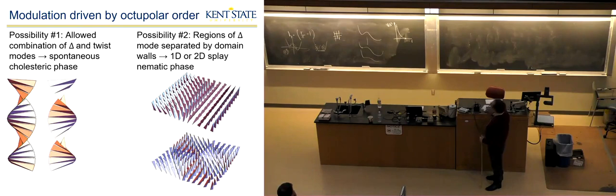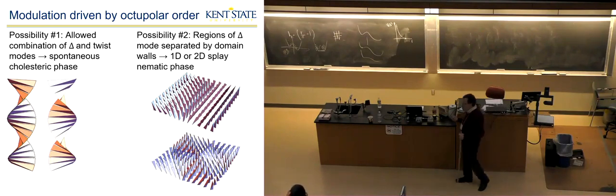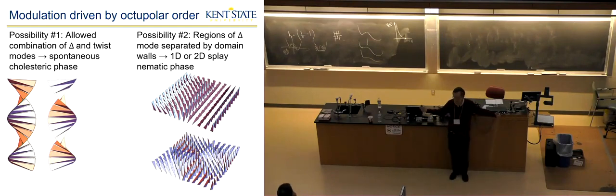And finally, for the case of a modulation driven by octopolar order, right? So if you had a liquid crystal made of these sort of distorted tetrahedra, and you wanted to pack them together, one thing that they could do would be to make a cholesteric phase, right? Because they want to have the delta deformation mode.